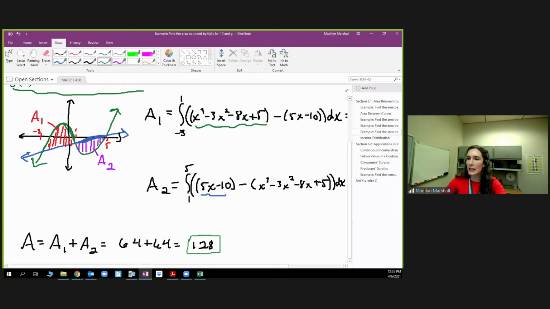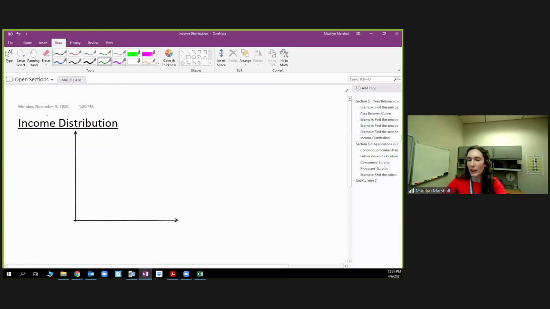So we're going to see this area representation in section 6.2, where the area is not really representing real area. But in this section 6.1, we have a specific economics concept that uses area to represent income inequality or income distribution.